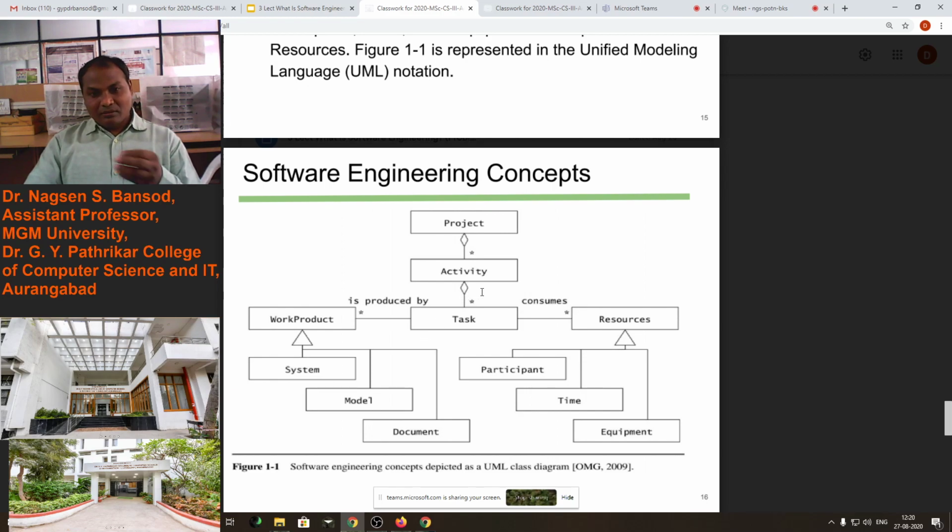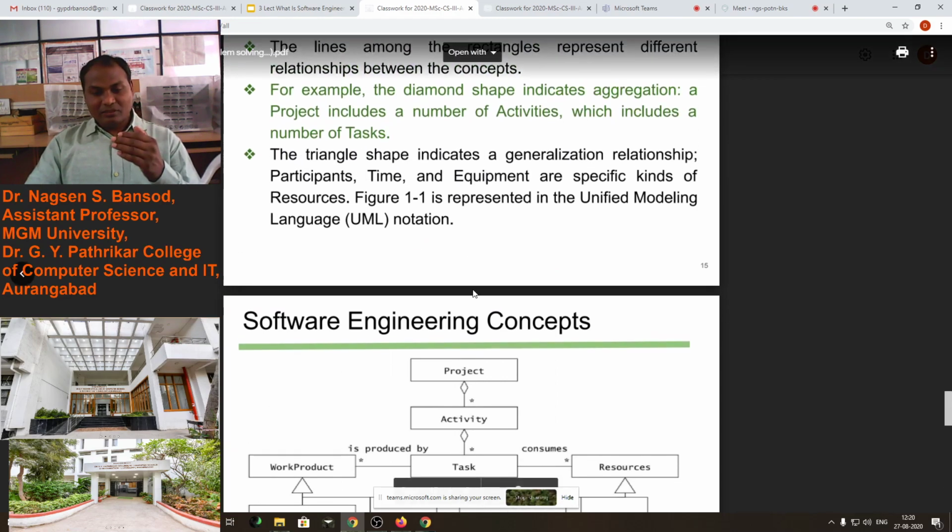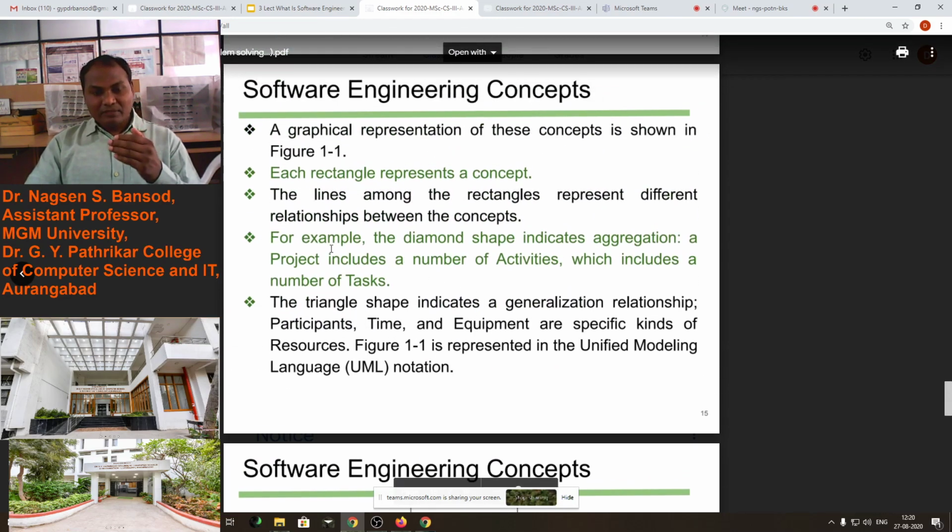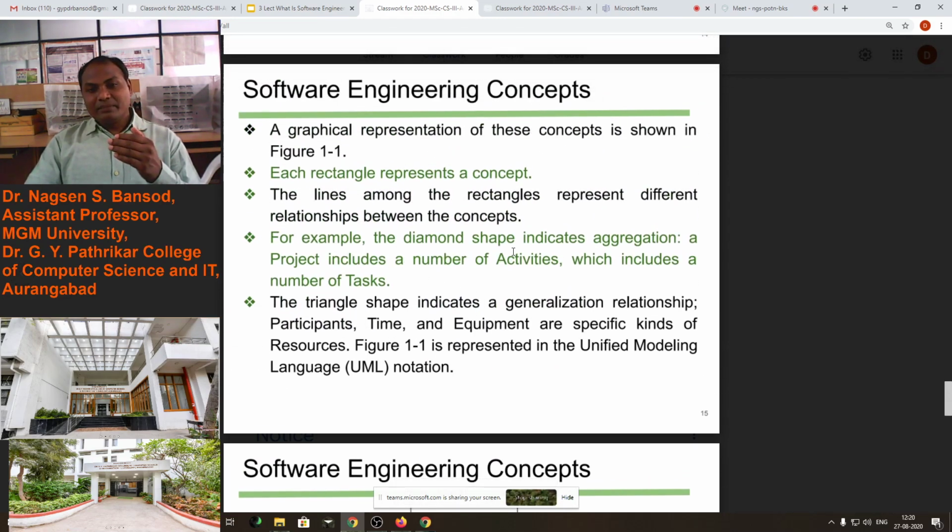At the start of a line, if there is a diamond, then the diamond shape indicates aggregation. A project includes a number of activities, which include a number of tasks.